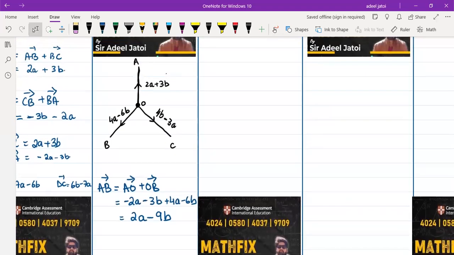So what we can have is this vector being shown now. Since we have found AB, the direction will be in this way. And what we can have is 2A minus 9B.